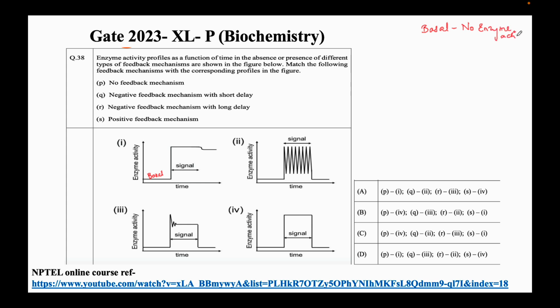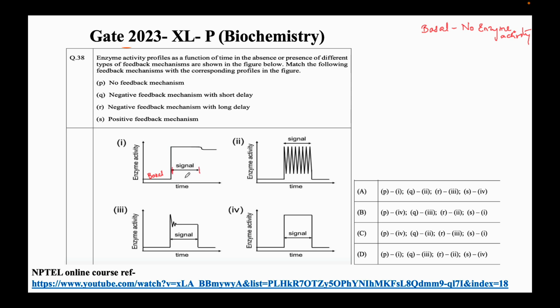As you can see, the graph is a pretty straight line. There is no increase in enzyme activity, and as we give a signal, the enzyme activity shoots up to maximum.